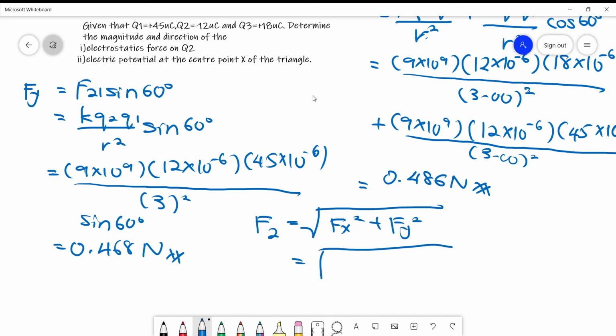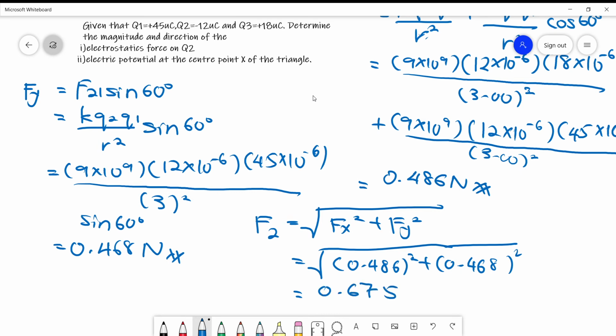So the fx 0.486 square plus the fy 0.468 square. So 0.486 square plus 0.468 square. So what I get for final answer is actually 0.675 newtons. So is it correct?